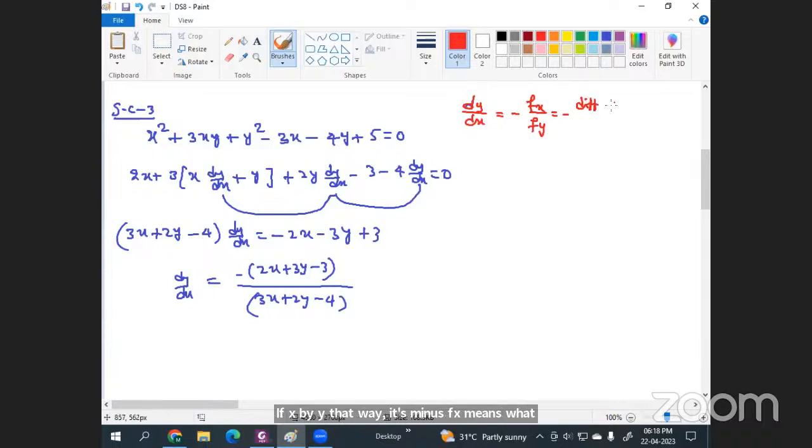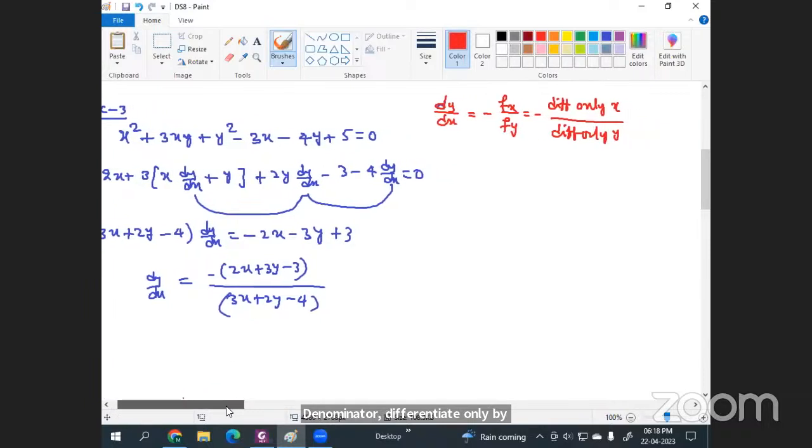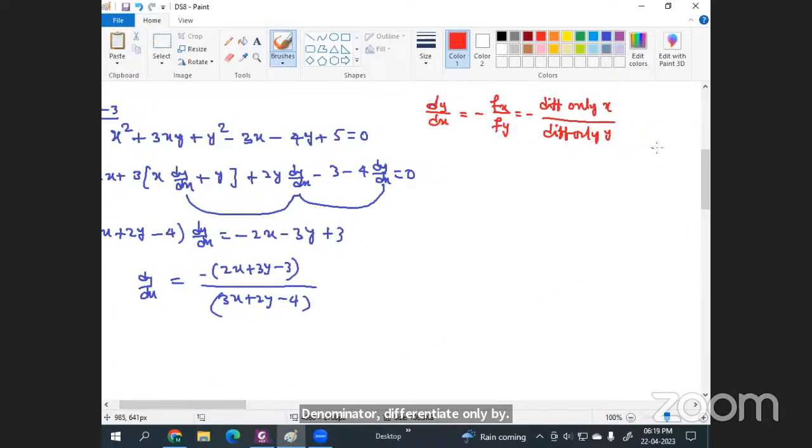That means minus fx means what? Differentiate only x. Denominator, differentiate only y. Differentiate only x, differentiate only y.